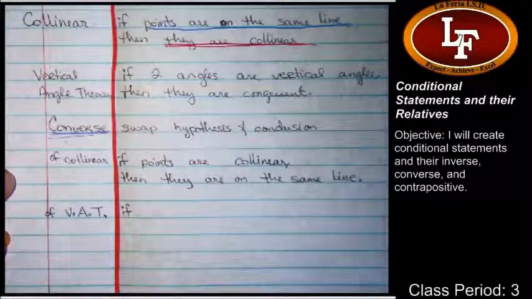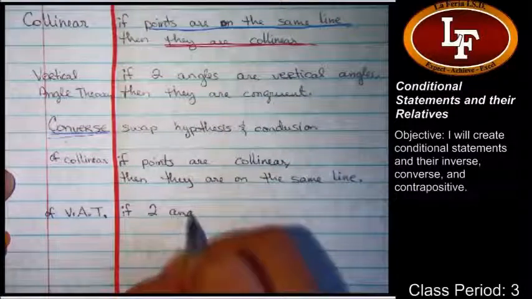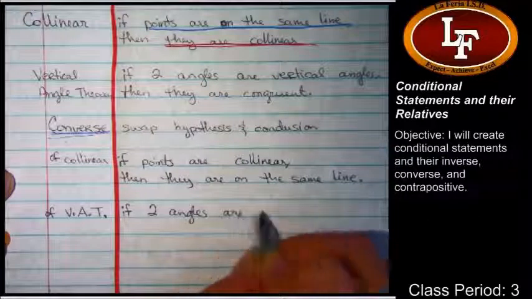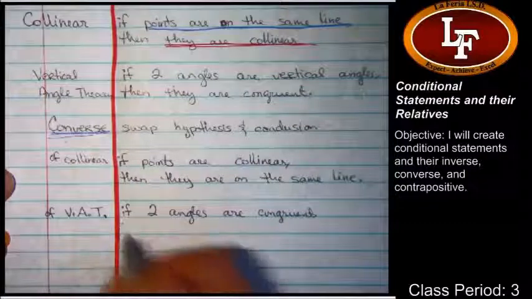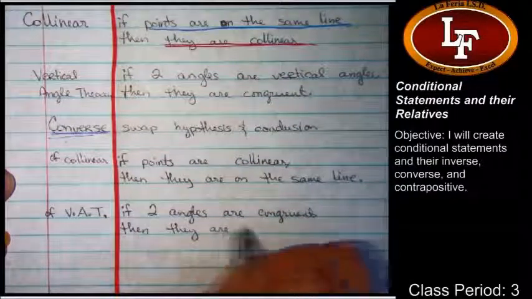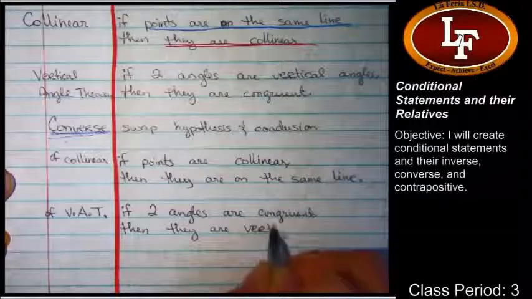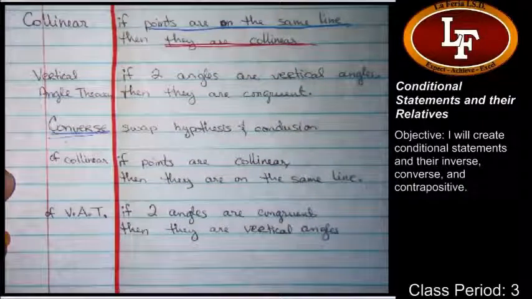Two. If two angles are congruent, then they are vertical angles. Beautiful converse.